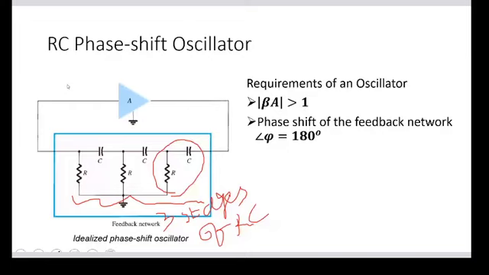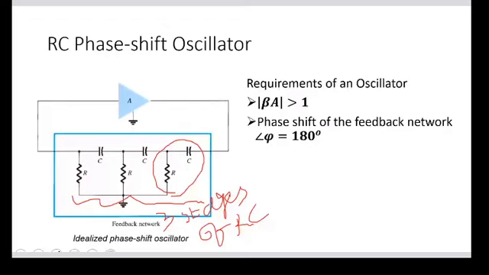Previously in the Wien bridge oscillator, your amplifier is connected to the non-inverting terminal, which means there won't be any phase shift there, and the Wien bridge feedback network also does not introduce any phase shift.